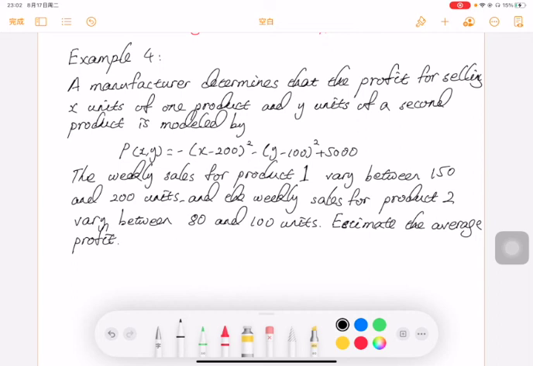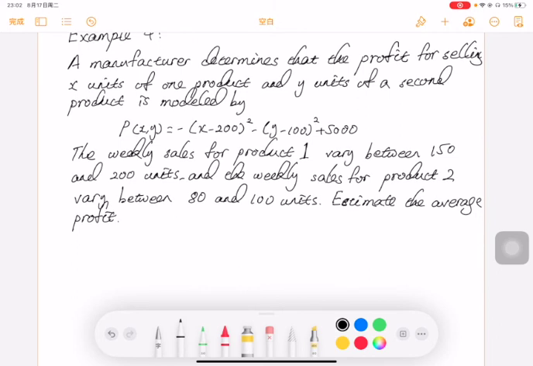So we divide by 50 times 20, because if you think of the xy plane, x goes between 150 and 200, y goes between 80 and 100. So the region R will be a rectangle with one side length 50 and the other side length 20, and its area is 50 multiplied by 20, which is 1000.